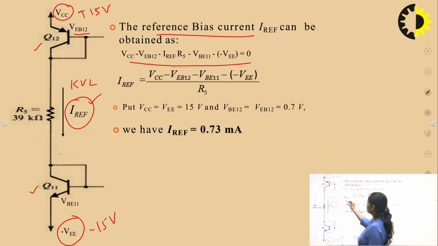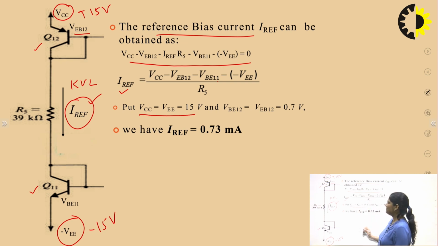Now here we have to find out I reference. I reference is VCC minus VEB of transistor 12 minus VBE of transistor 11 minus VEE, upon R5. Now you know the value of VCC and VEE is 15 volt, and VEB12 and VBE11 is equal to 0.7 volt.